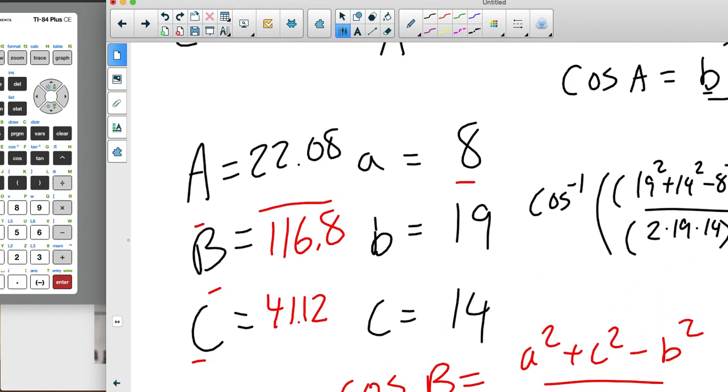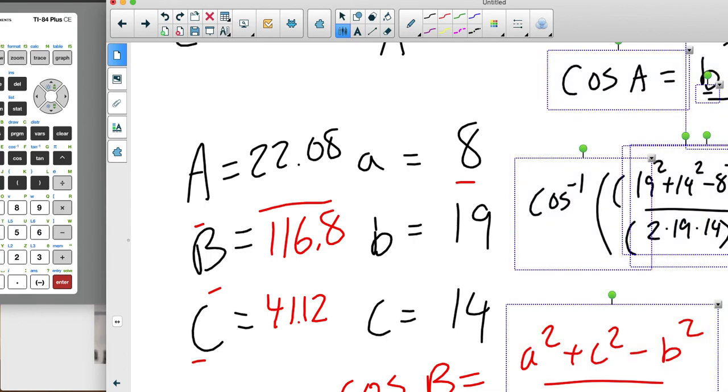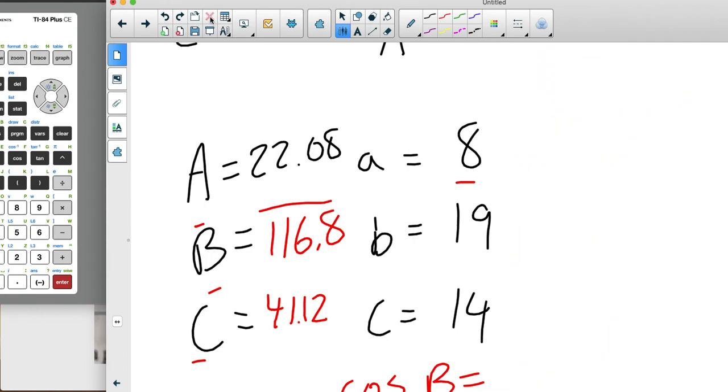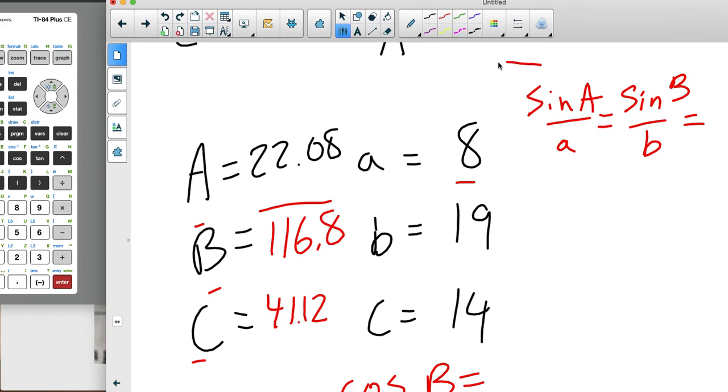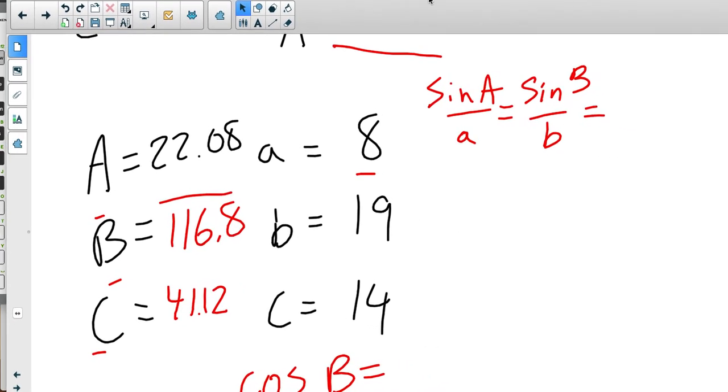All right? Now, simple check to see if you're right. Here's how. If I'm correct, the sine of A divided by little a, 8, should equal the sine of B divided by little b, which should also equal sine of C divided by little c.